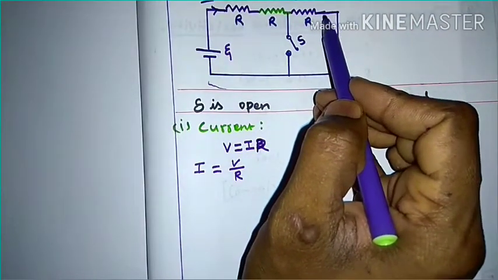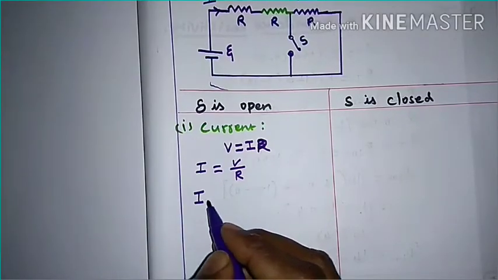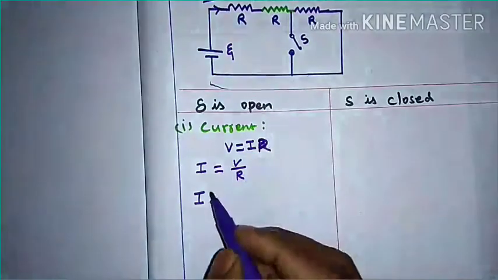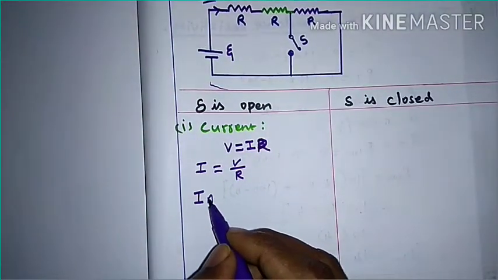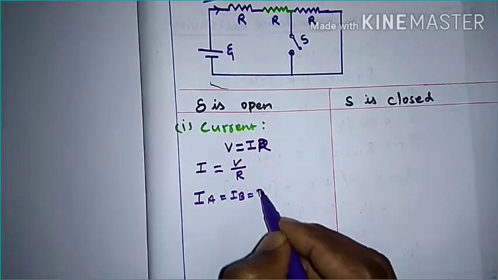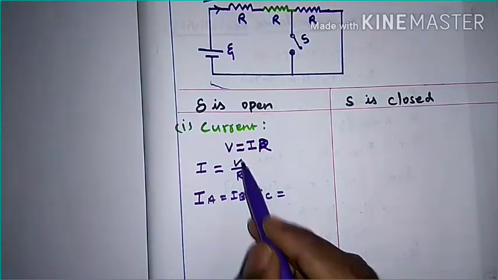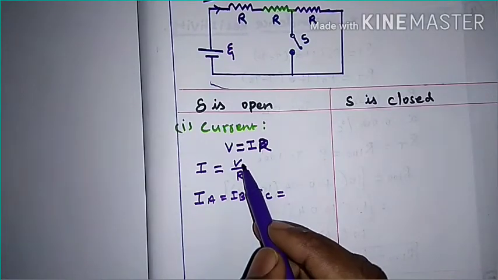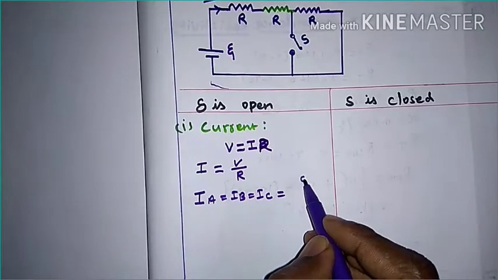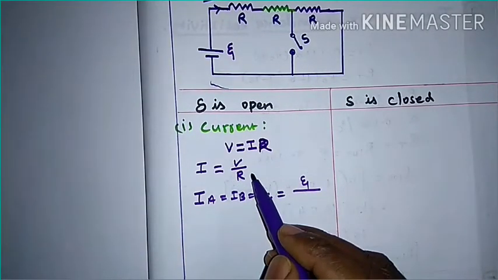Therefore the current flowing through resistor 1, resistor 2 and resistor 3 are all the same. Therefore IA equal to IB equal to IC. And it is equal to, according to Ohm's law, V by R. So the value of V, the potential difference, is taken as the EMF psi, divided by the total resistance.